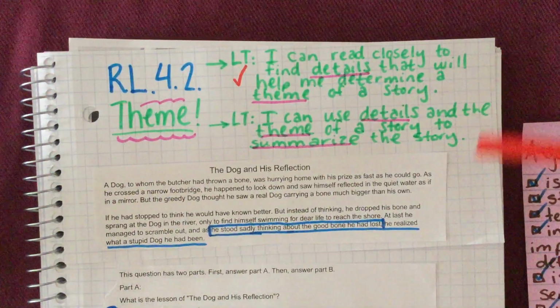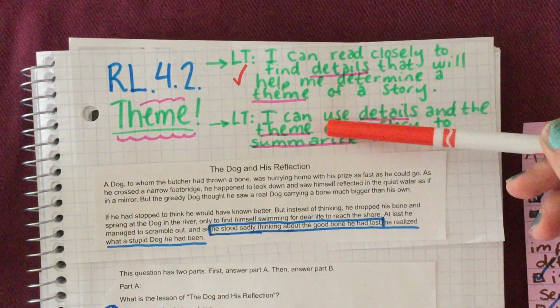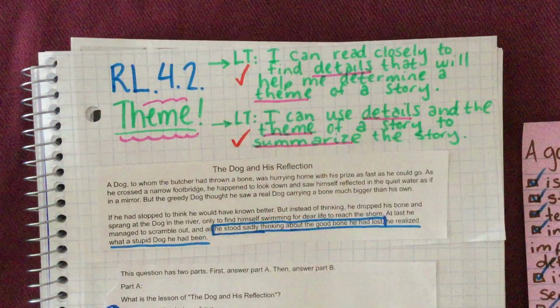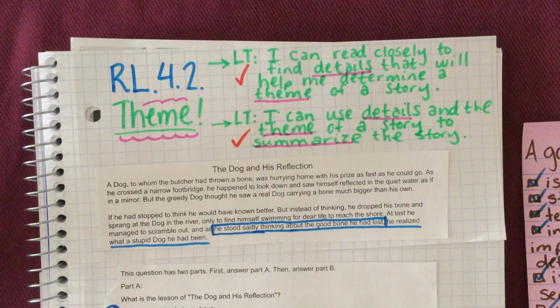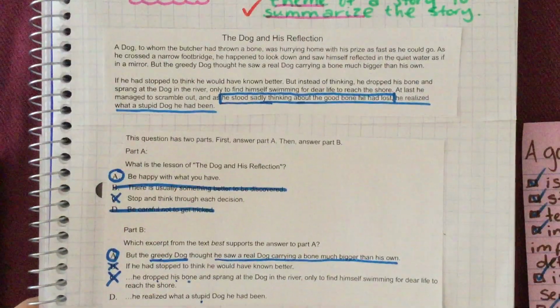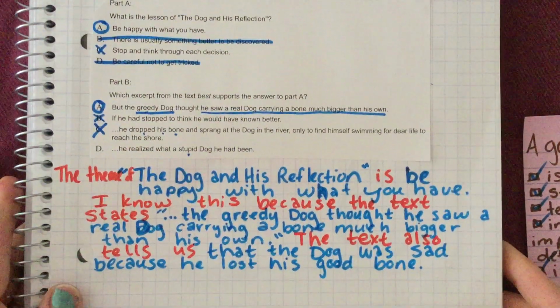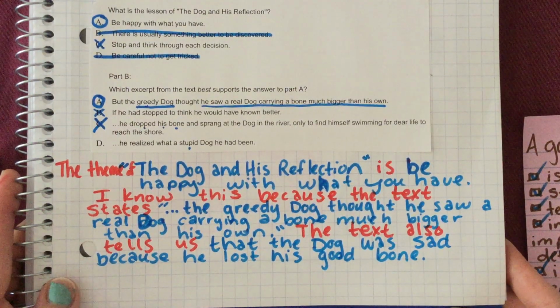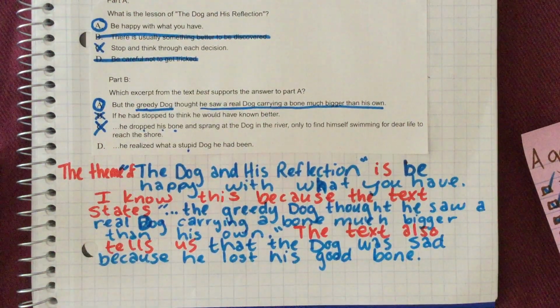Did we use the details and the theme of the story to summarize the story? You sure did. So when you're working this week on theme, that is exactly what you are going to do, my friends. You are going to use those details to find the theme. You're going to use the theme and details to write a summary.